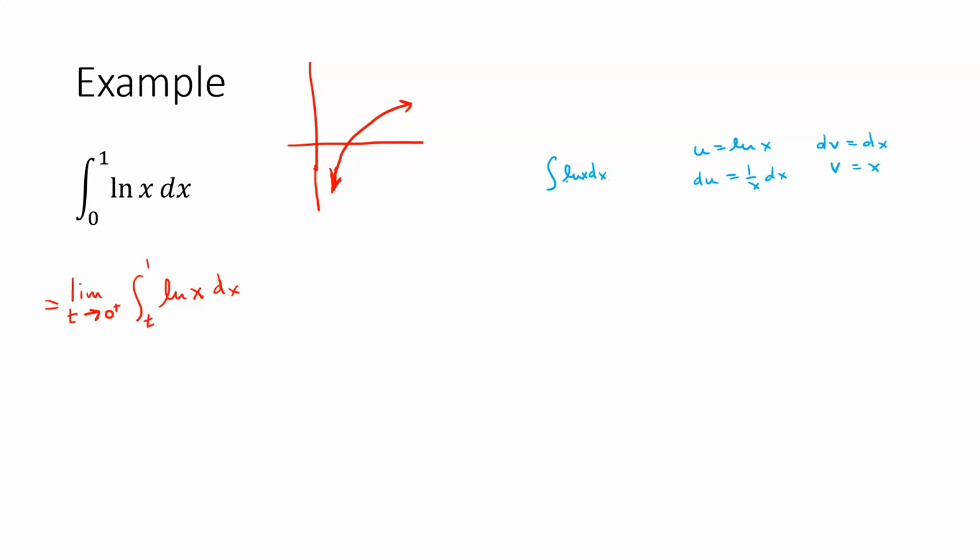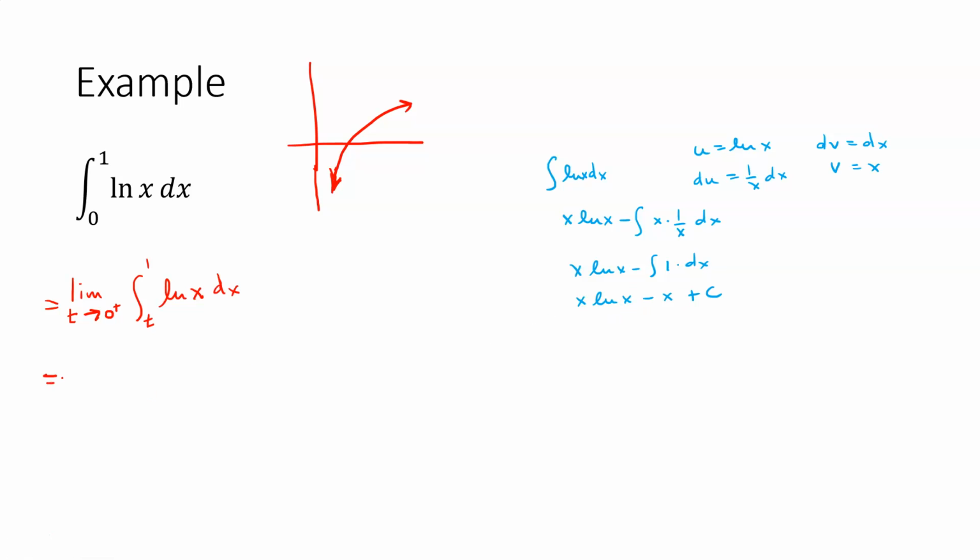So when we do parts, we get u times v, which is x ln x, minus the integral of v times du. It's the integral of x times 1 over x. So we get x ln x minus the integral of just 1 times dx. So it's x ln x minus x. So just a little reminder of how that integral works.